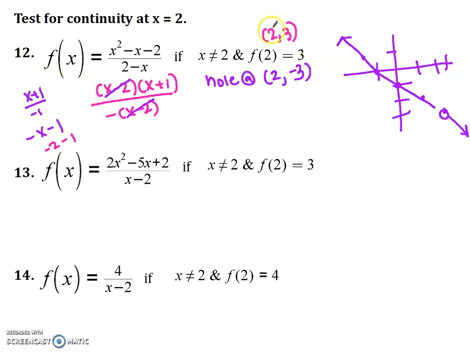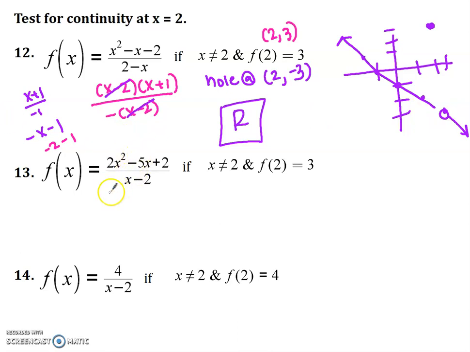Okay, so we have to think about this point right here, if it would fill that one in. So this is saying we have a solid point at 2, 3. Okay, so since the hole and the solid point are different, that's still going to leave a hole in the graph. Okay, so since these don't match and we had a hole at x equals 2, we still have removable discontinuity at x equals 2.